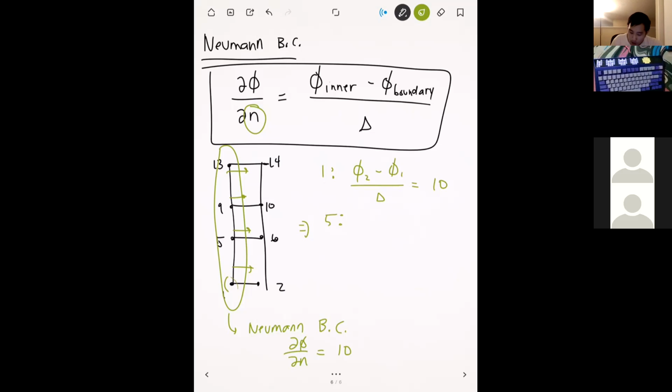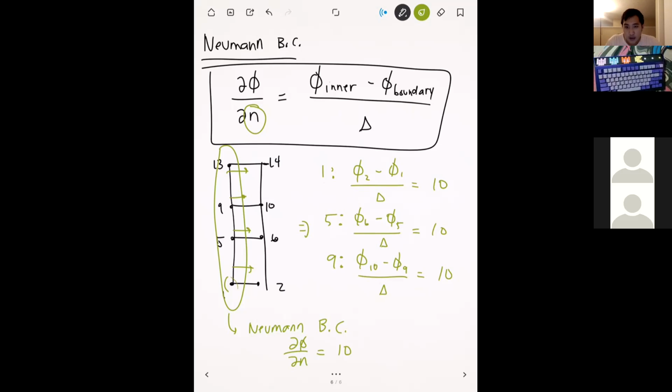The inner node for node number 5 is going to be phi 6, and the boundary node is node number 5. Now the equation for node number 9. The inner node for that is going to be phi 10, minus phi 9 divided by delta, equal to 10. You can write out the same one for node number 13 too, but I ran out of space here.